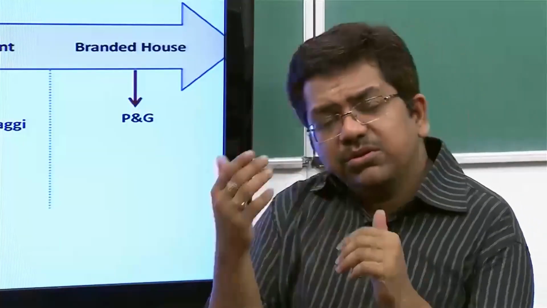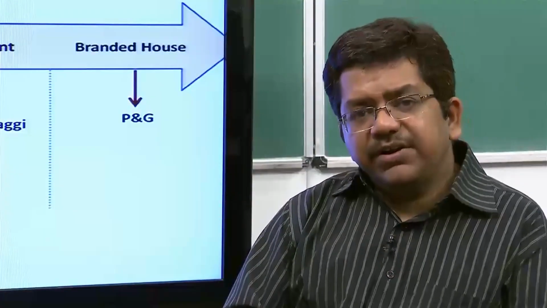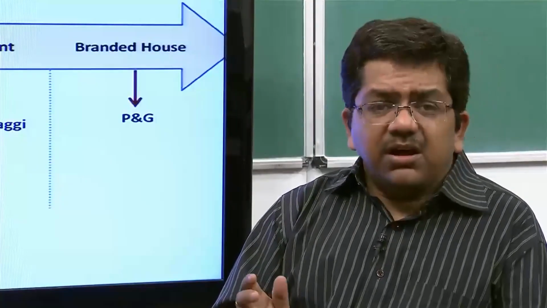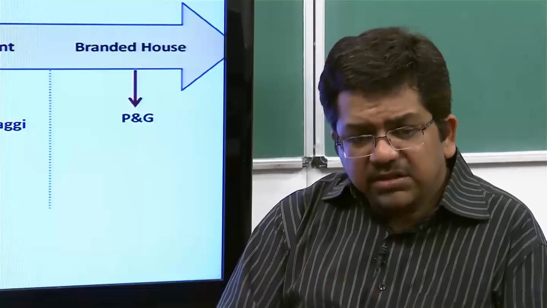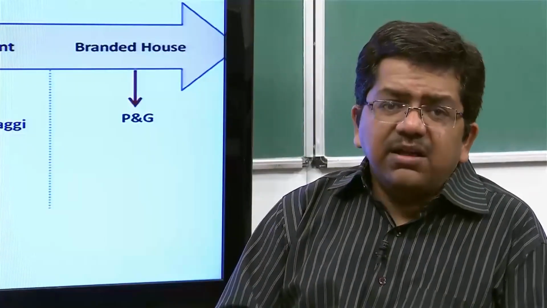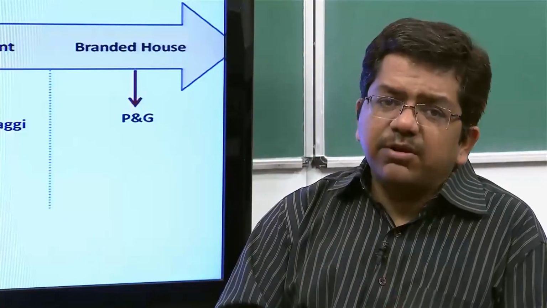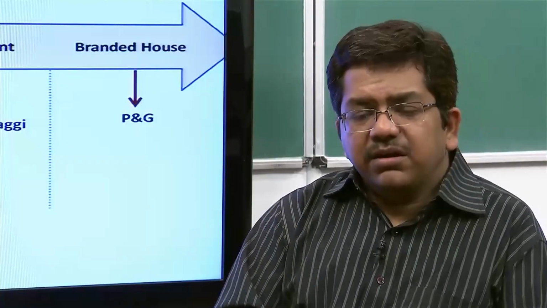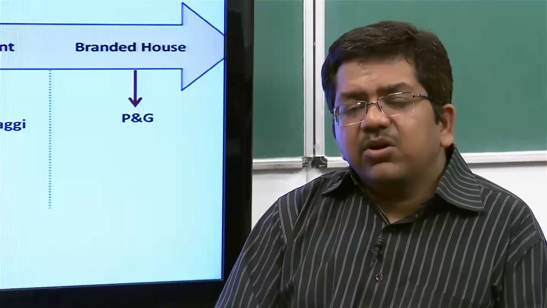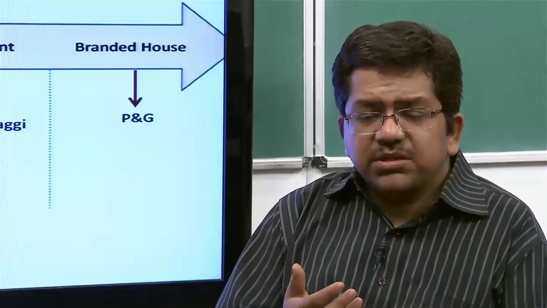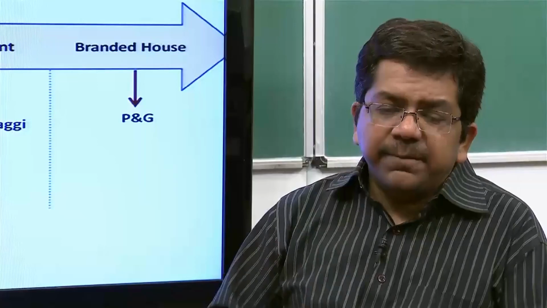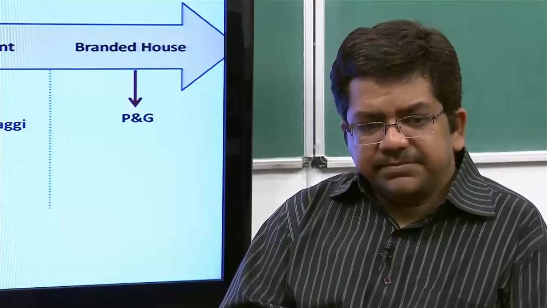That is the advantage of individual branding. But the con of this house of brands is that creation of each individual brand is a very costly affair, as an organization has to put in a lot of monetary resources as well as time and people in creating that brand.